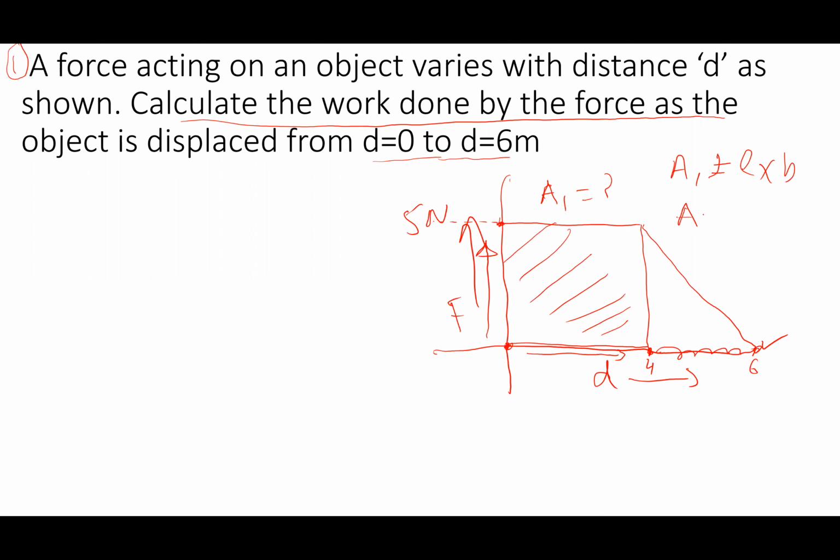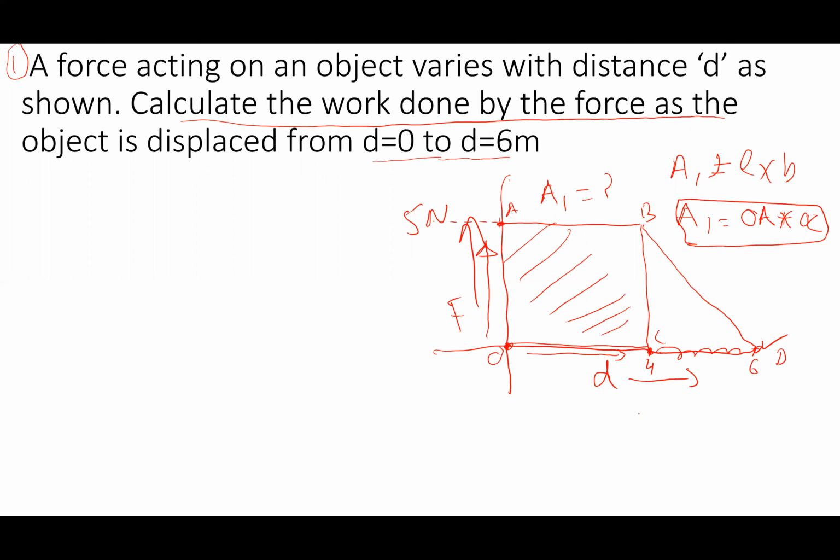So for area A1 of the rectangle, we will label the points O, A, B, C, and D. Length is OA, multiplied by breadth OC. You will use this formula to find the area of the rectangle.